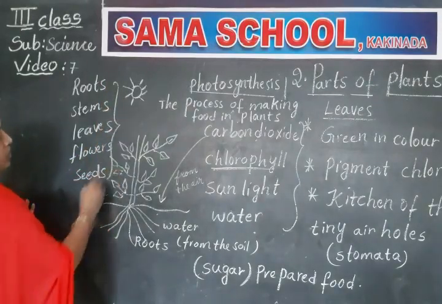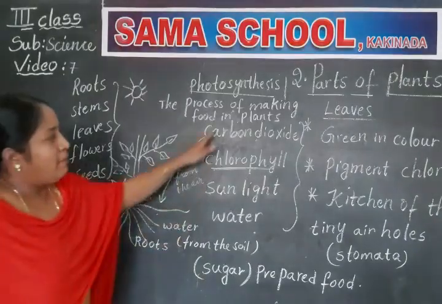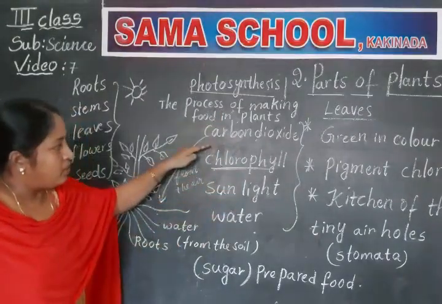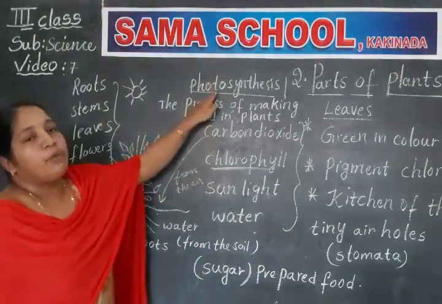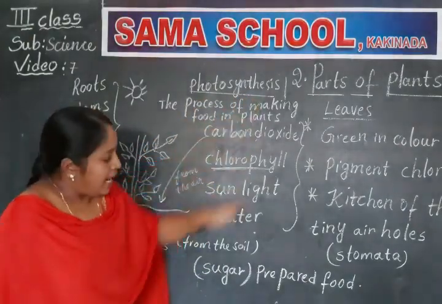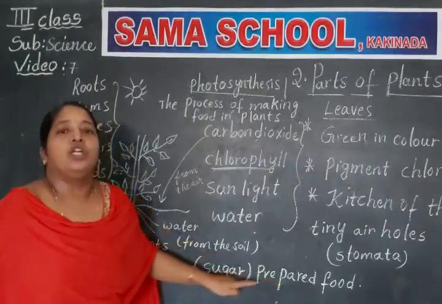So plants prepare their own food material by using carbon dioxide, chlorophyll, sunlight and water. That process is called photosynthesis. The prepared food is called sugar.